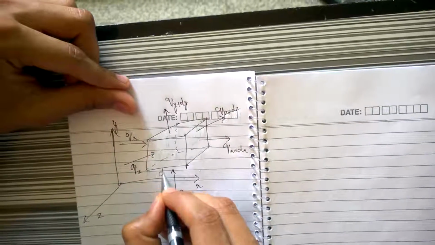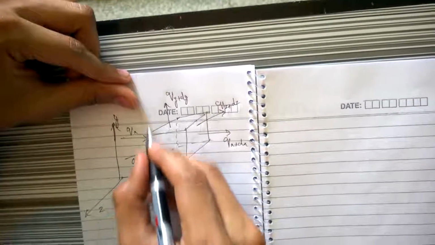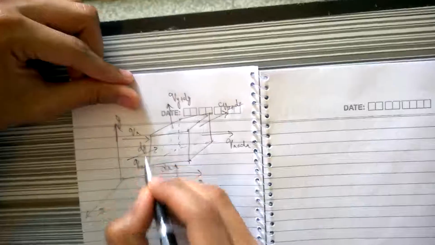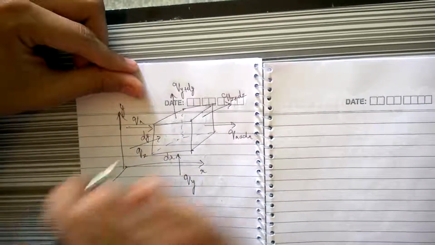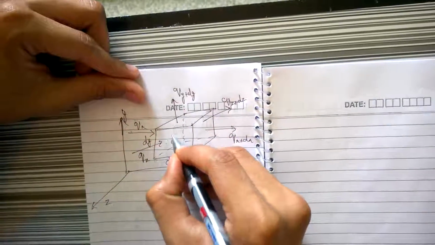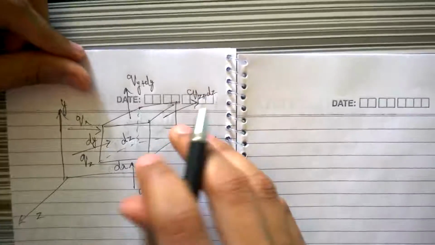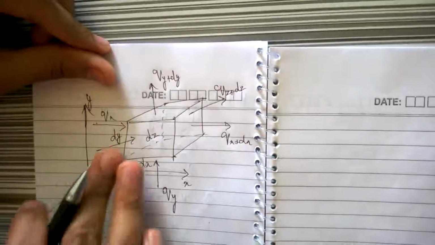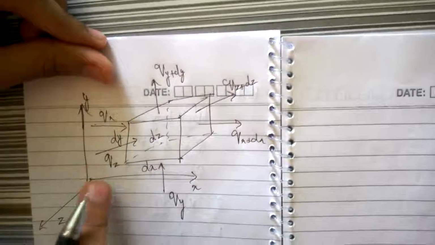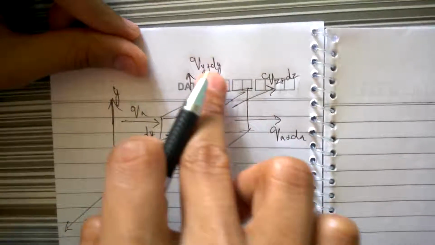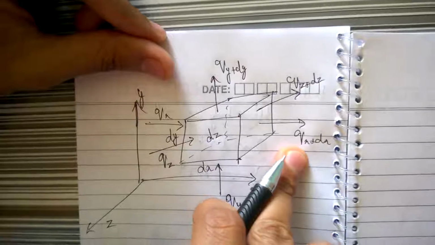In the x direction it is of length dx, in the y direction it is of length dy, and in the z direction, which is inside, it is of length dz. So this is our cuboid, and here we look at how heat is entering the system through these three variables and how heat is leaving the system through these three variables.